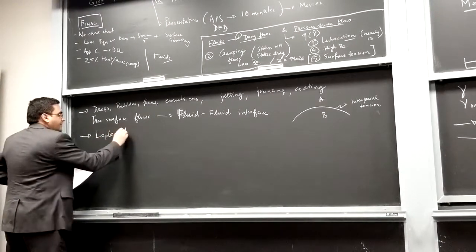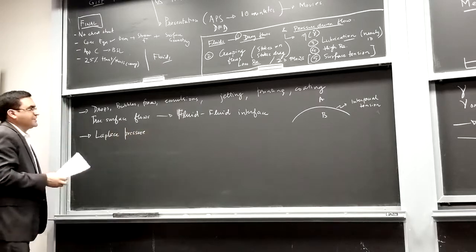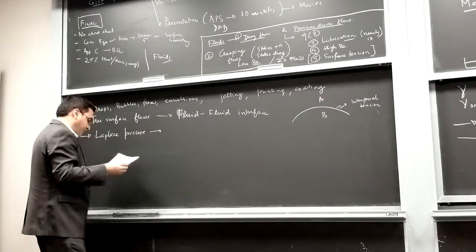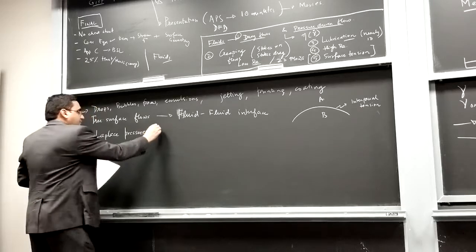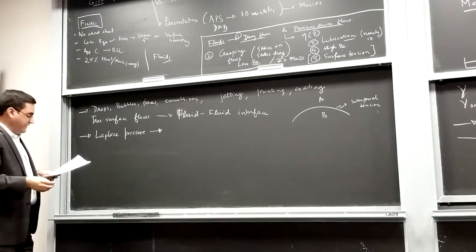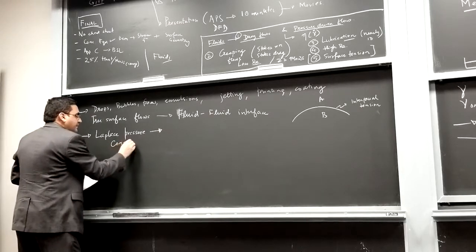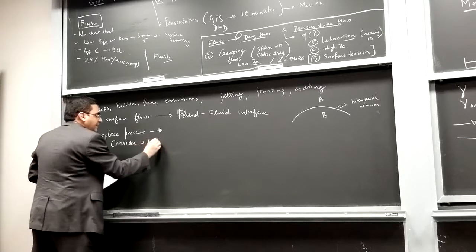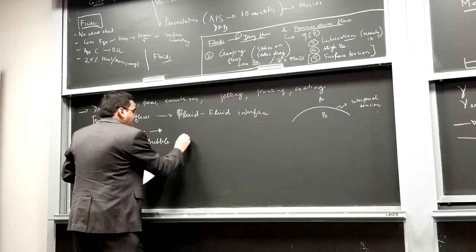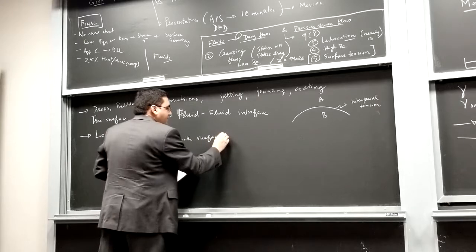So one of them is Laplace pressure, and we'll derive this in a few minutes from the boundary condition, but you can also look at an alternate derivation of what Laplace pressure is. So if you consider a bubble in a fluid, it will have a particular value of surface energy.